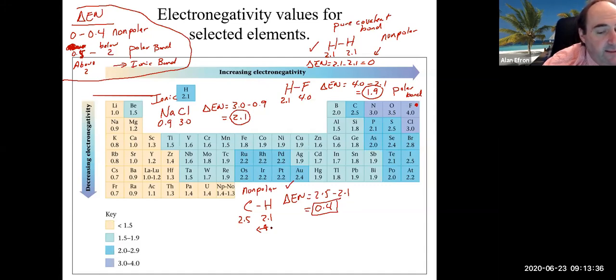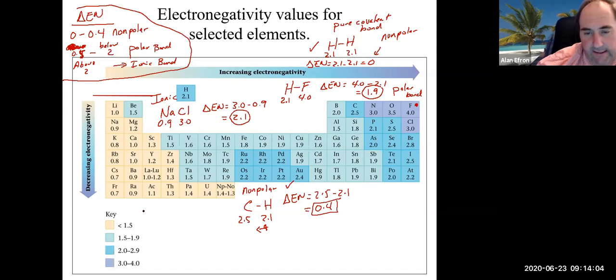Because the difference is 0.4, they are not perfectly sharing those electrons. There is some unequal sharing, but it hasn't reached the level where it would be considered a polar bond. So it's still considered a nonpolar bond. And again, that's different than our H2, where we would assume there is perfect equal sharing of electrons.